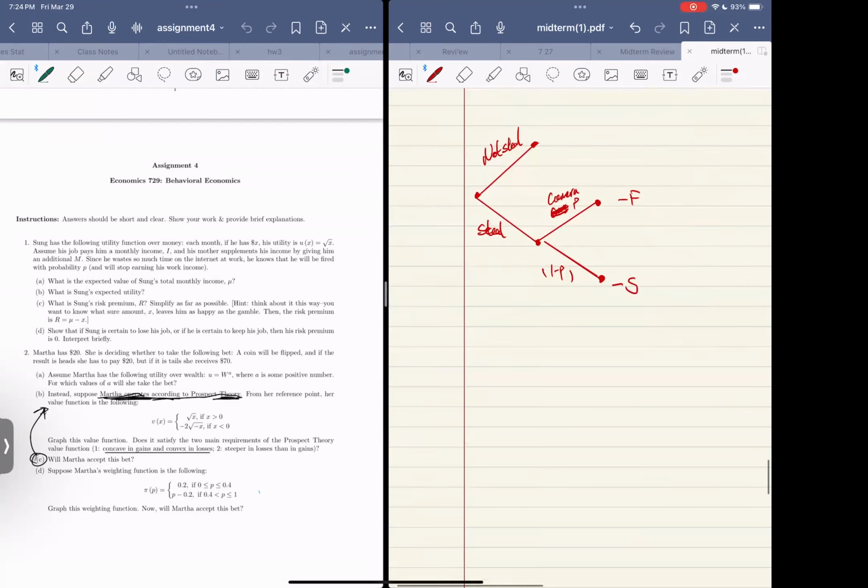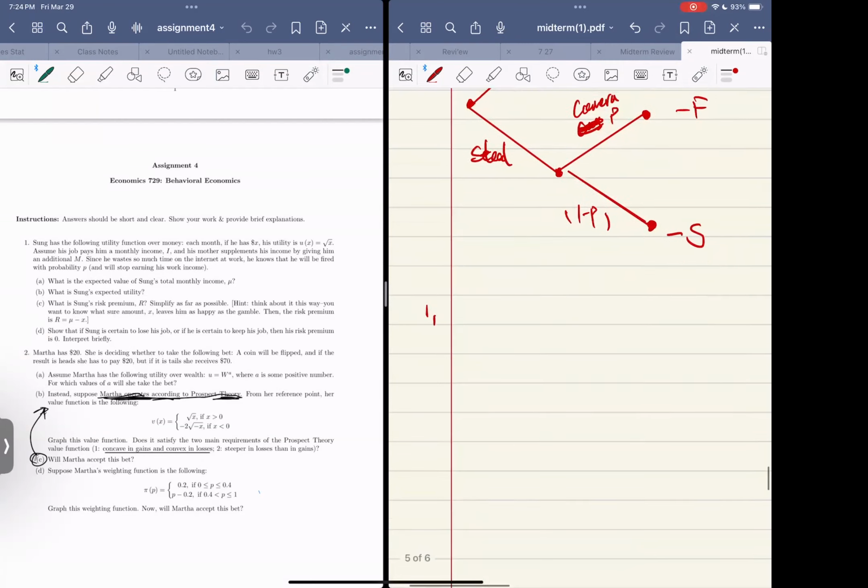Do you guys want to do it, or should I save it for tomorrow? Homework 4? Okay, I'll go over question 1 then, since question 2 is fairly easy. Question 2 I can go over tomorrow.